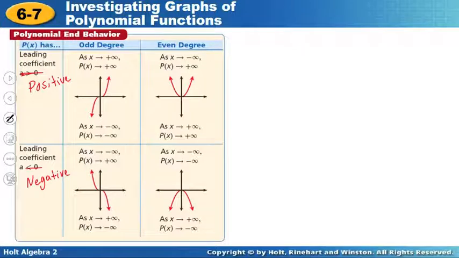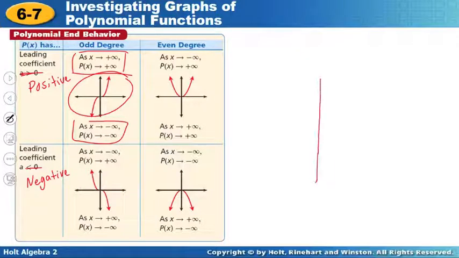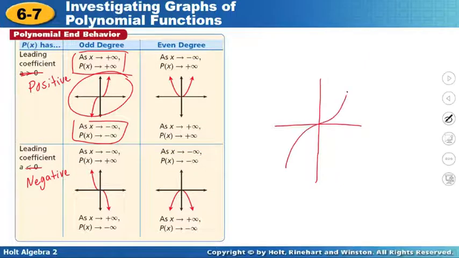All right. So if we come across a positive function that's odd, something like this here, this is the notation we're going to be using. But let's talk about what that means. If we have a function that's odd, something like the one on the top left, what that notation is saying is as you move to the left, that means as x approaches negative infinity, as you're moving towards the left on your x-axis, the function is going down.